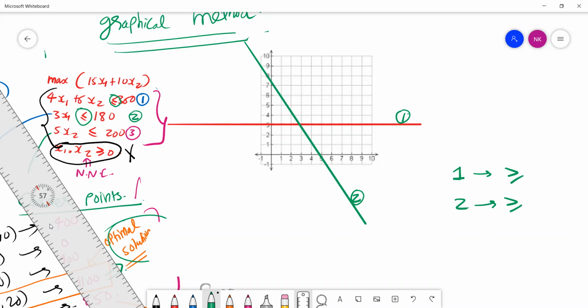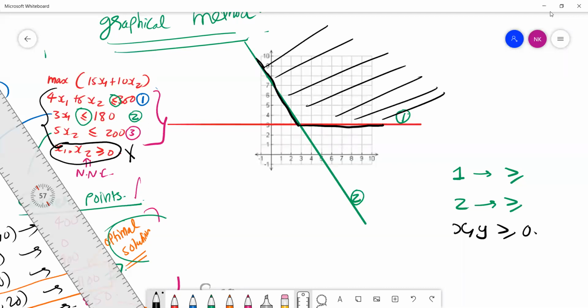That means my feasible region will be the entire region described by these lines, from here to here, and we have also been given x, y greater or equal to 0. That means our entire top region will be there. Now this is the feasible region, and it is unbounded.